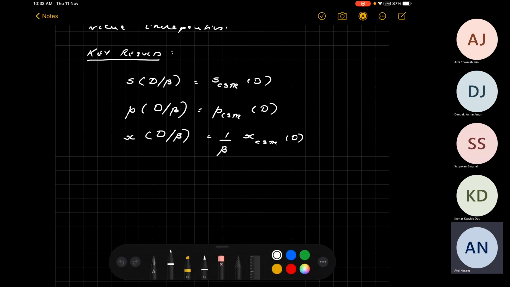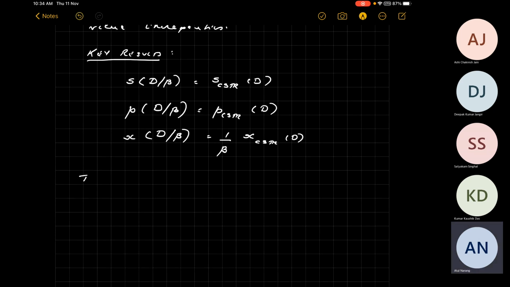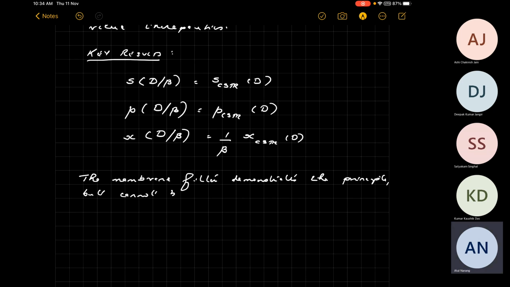So in reality, the membrane filter demonstrates the principle, but cannot be used in the real world, because it plugs frequently.